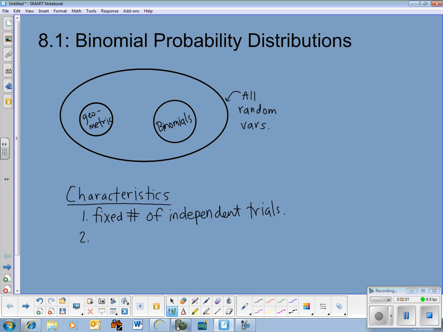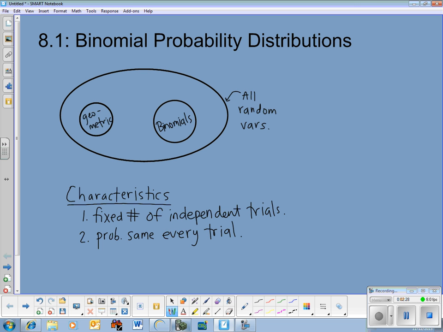It doesn't matter whether I get a question right or wrong on this test. That doesn't affect my next question. The probability is the same every time. That seems like it might be the same thing as independent, but what this takes care of is you can't say I've got 10 questions, 5 multiple choice with 4 answers and 5 true false.